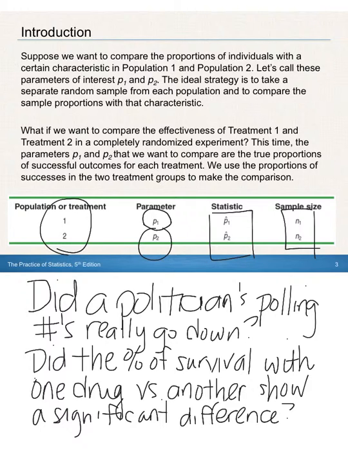If we were looking at a politician, for example, we might look at October polling versus December polling, where we're looking for the true population approval rate in October versus December, and then at the difference of the actual statistics we got from there.